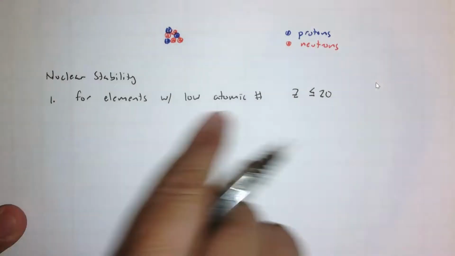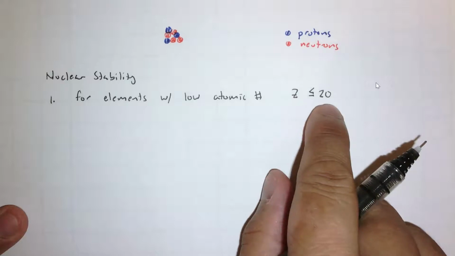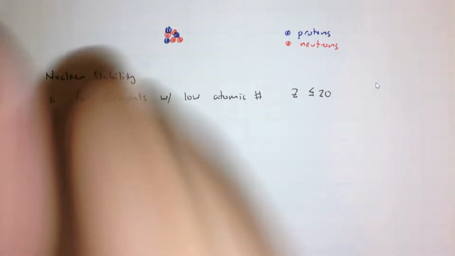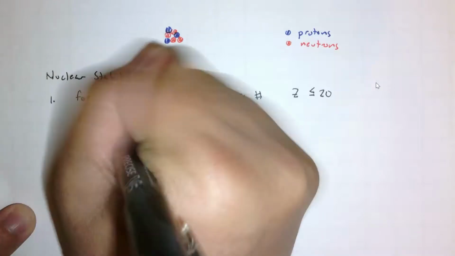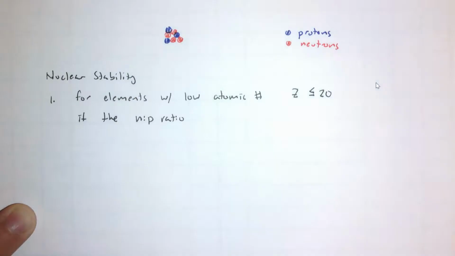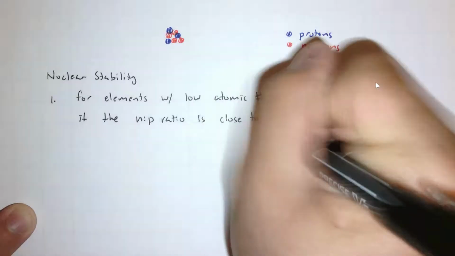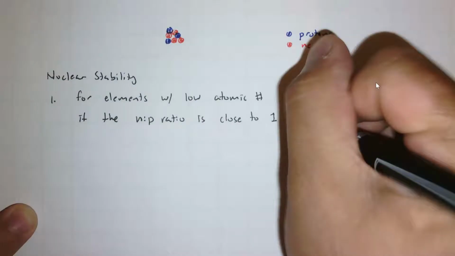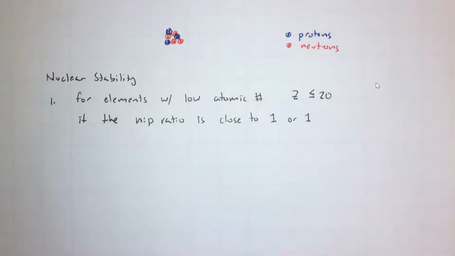For elements with low atomic number, Z less than or equal to 20, if the neutron to proton ratio is close to 1, or 1 exactly, that will be considered a stable nuclei.